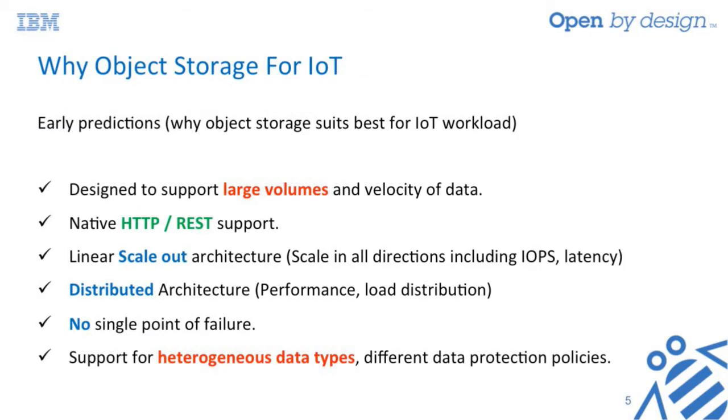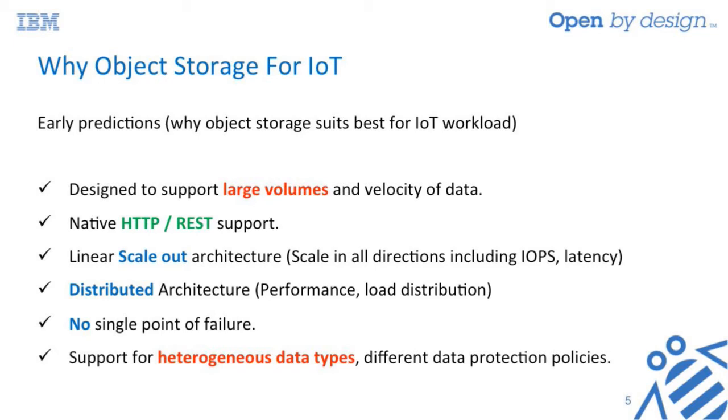So why should one use object storage for IoT? In past surveys, most of the survey authorities said that object will be the future in the IoT space. And why is that the case? Based on those 6 points listed here, object storage is designed to support large volumes.